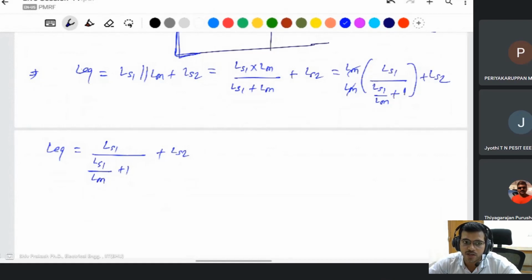The leakage inductance is very low compared to the magnetizing inductance. Then LM is much larger than LS1, so this can be neglected.